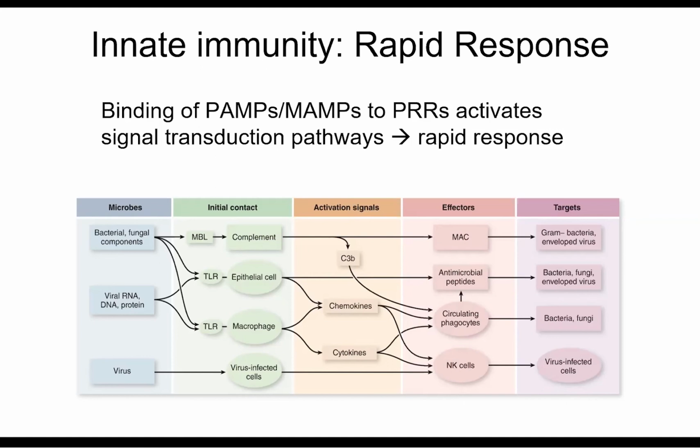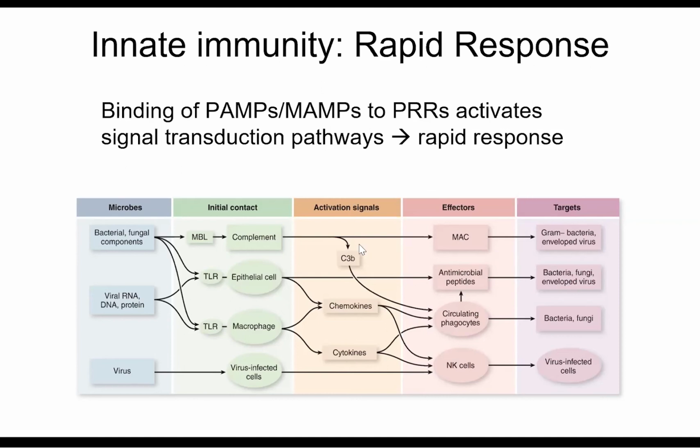So just to go through a few of the processes that are depicted on this diagram, bacteria and fungal components that are bound by mannose-binding lectin results in the activation of complement proteins. One of the outcomes that we just spoke about is the formation of the membrane attack complex, which targets gram-negative bacteria and enveloped viruses.